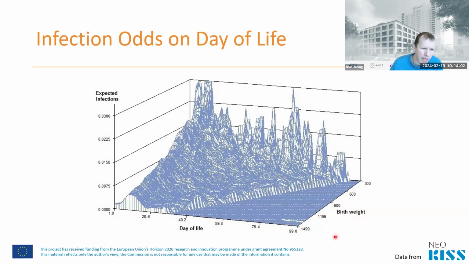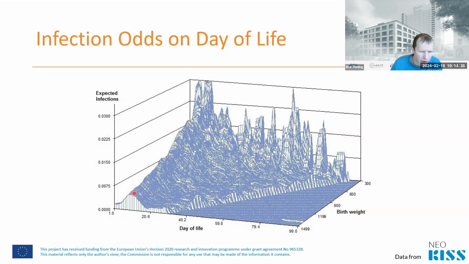As you see, there's an increase of the infection risk the lighter the baby is, in this direction. And then there's also a decrease in infection risk over time. The maximum infection risk is around maybe day 7 to 10, and then over time, as the infant grows, the risk decreases.